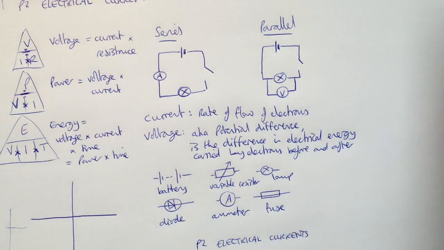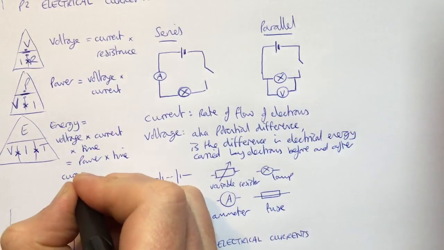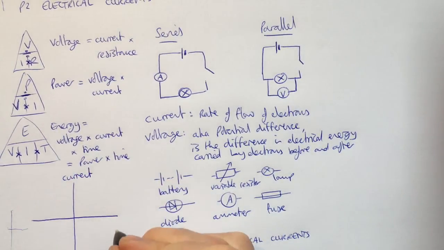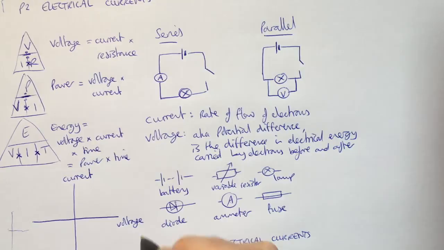Right, one other thing you might be asked to do in the electrical currents part of the topic is interpret or maybe even draw a graph of how current changes with voltage for particular components.